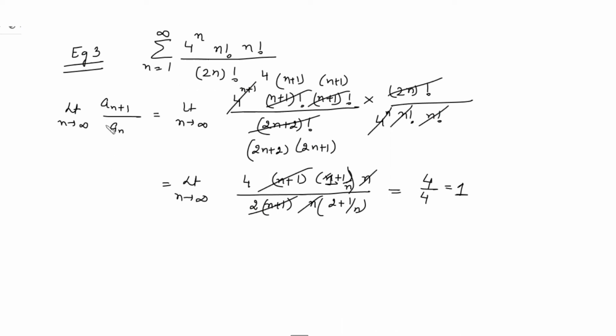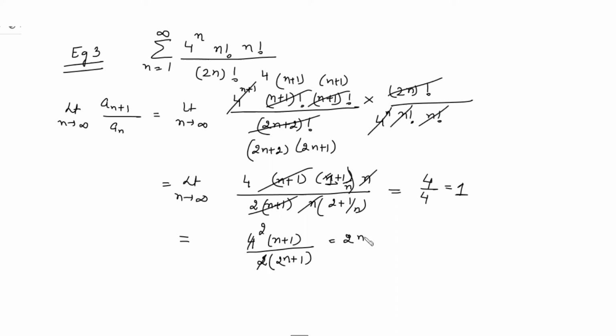But now just see what is the value of a_(n+1) upon a_n. Here you have 4 times (n+1) divided by 2 times (2n+1).